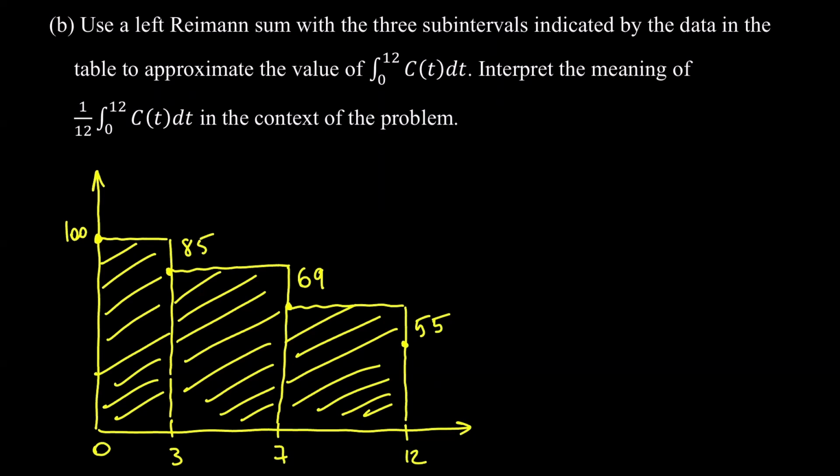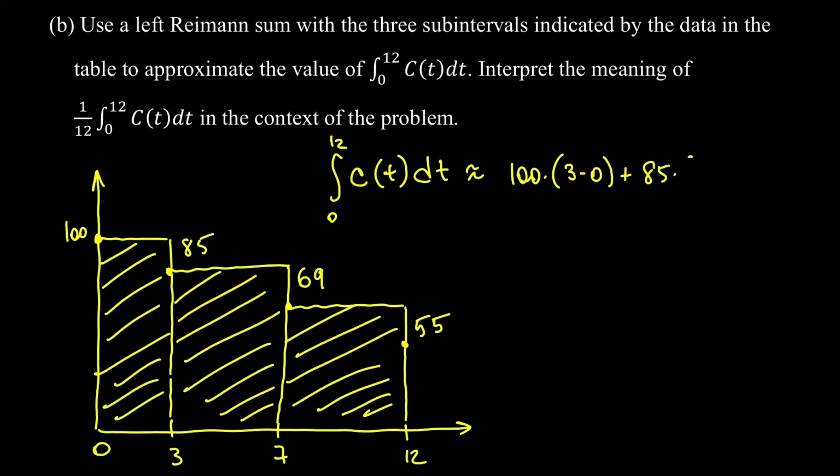So the integral from 0 to 12 of c of t dt is approximately equal to 100 times the base, which is 3 minus 0, plus 85 times 7 minus 3, plus 69 times 12 minus 7.